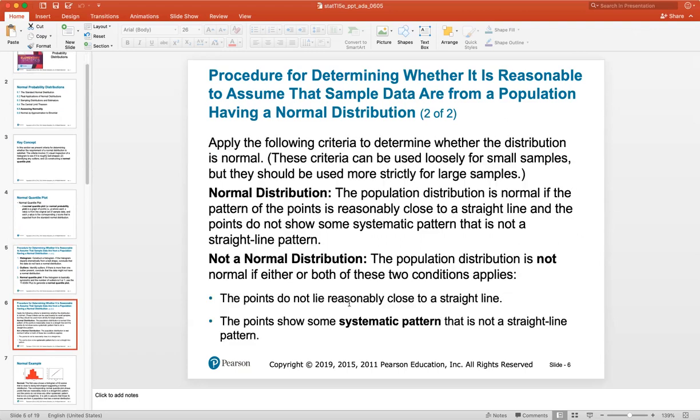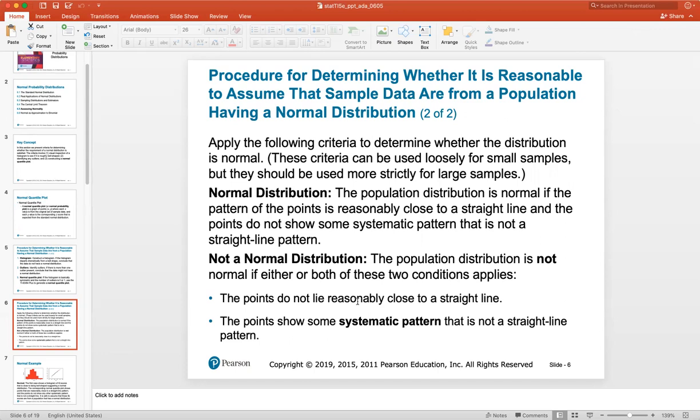First, we apply the following criteria to determine whether the distribution is normal. These criteria can be used loosely for small samples, but they should be used more strictly for large samples. The population distribution is normal if the pattern of the points is reasonably close to a straight line and the points do not show some systematic pattern that is not a straight line.